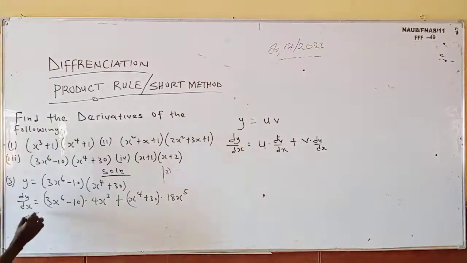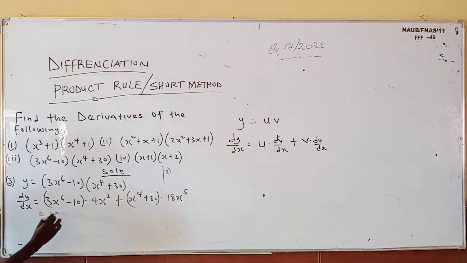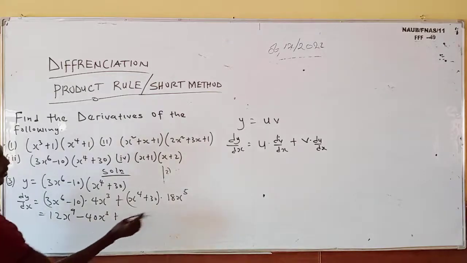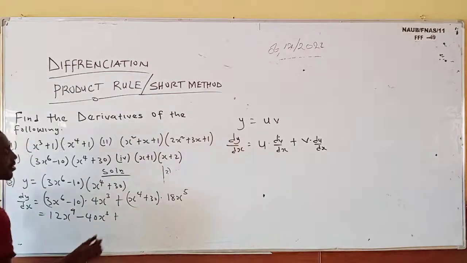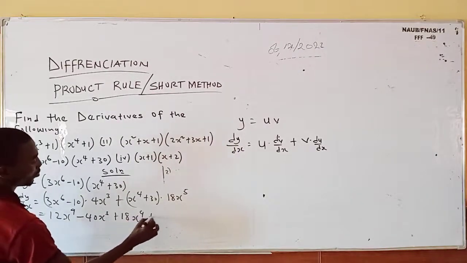Okay, let me solve it. Then let's finish this. 4s to the power of 3 times this, that is 12s to the power of 9 minus 40s to the power of 3 plus 18s to the power of 5 times this, that is 18s to the power of what? 9 plus what?